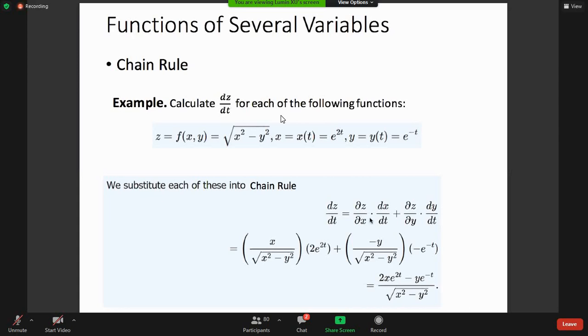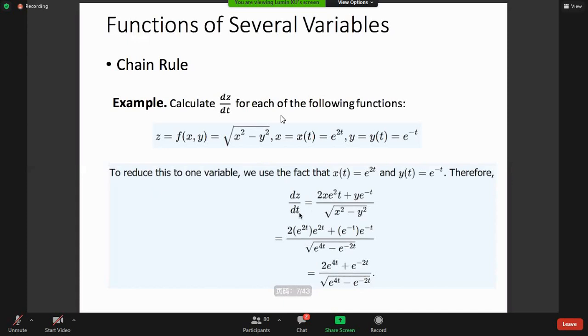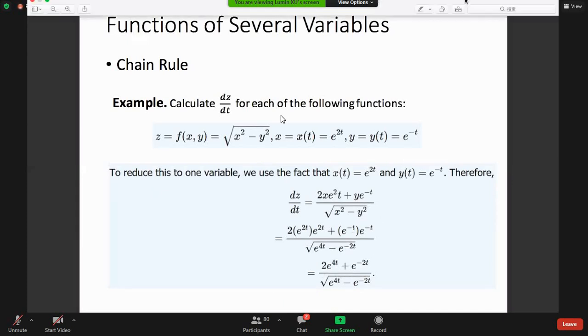So we should replace x and y by t, because x is equal to this one, right? So we can replace both x and y by t. Then it can be written as that. Good.